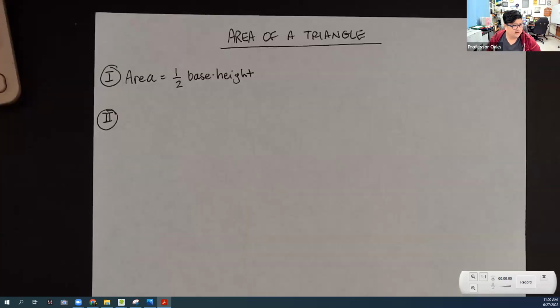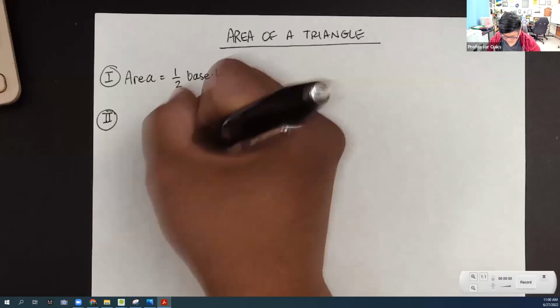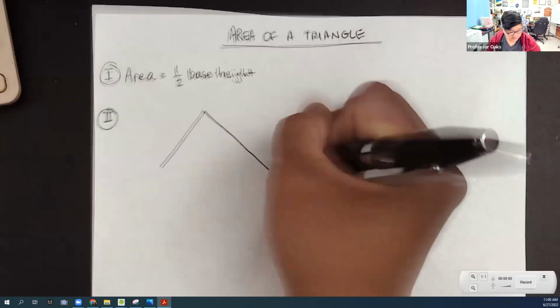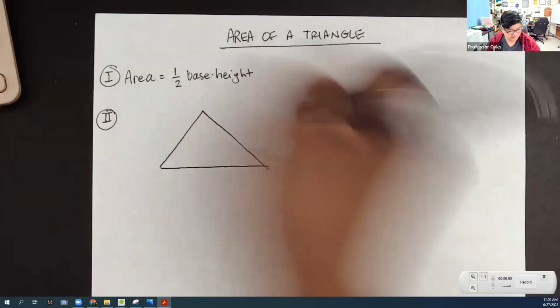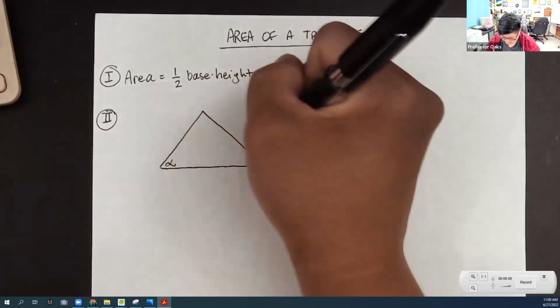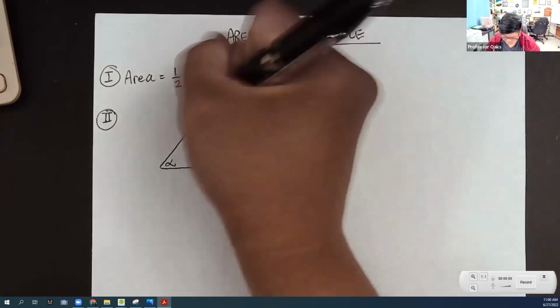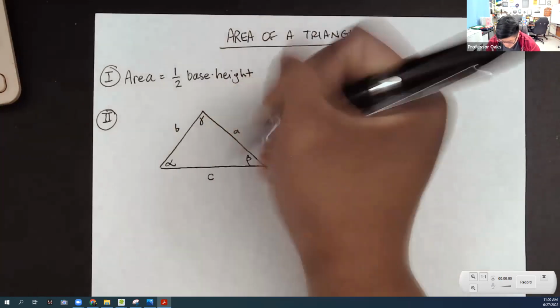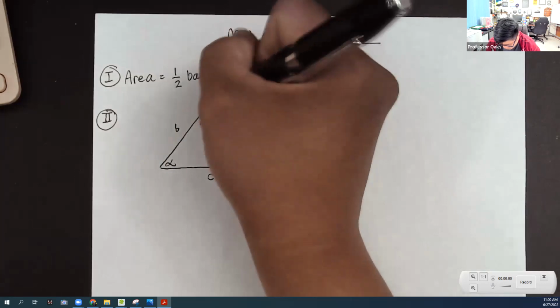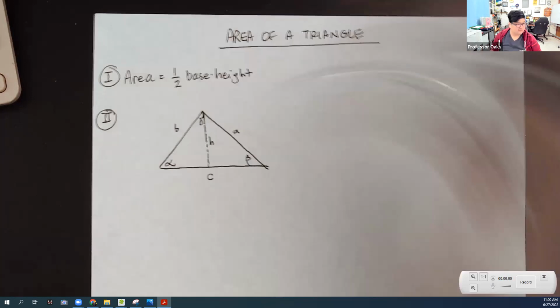But the other one might be that if you have a triangle that looks like this, and you have the alpha, the beta, the gamma, and the A, the B, and the C, and this is the height of the triangle, the H.